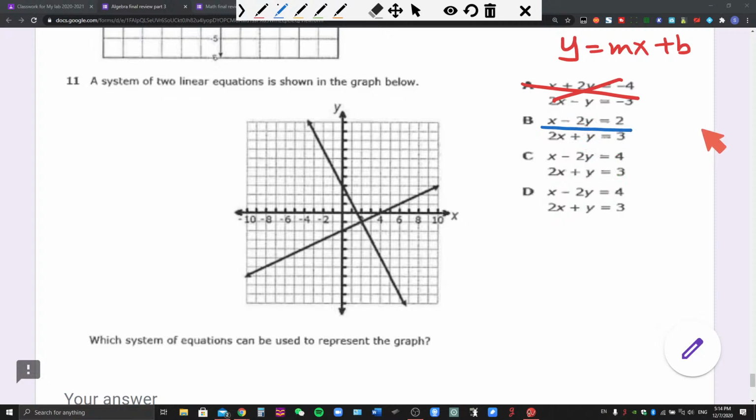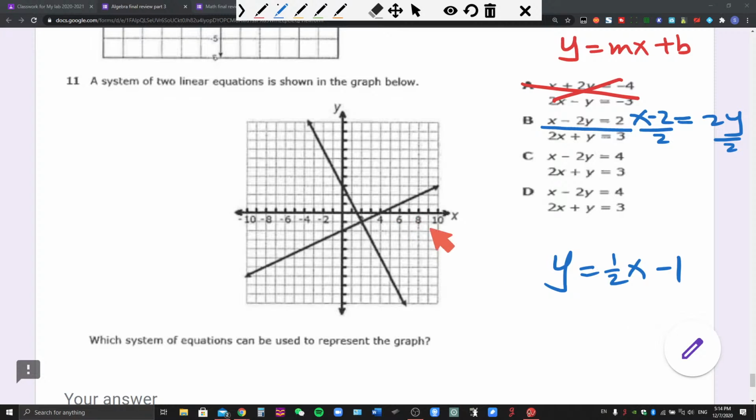Let's check this one. We move the 2y to the other side. It will become a positive 2y, x. And we move the 2 to the other side. This will be a negative 2. And here you need to do one more step by dividing by 2. Then you will have y equals half x subtract 1.